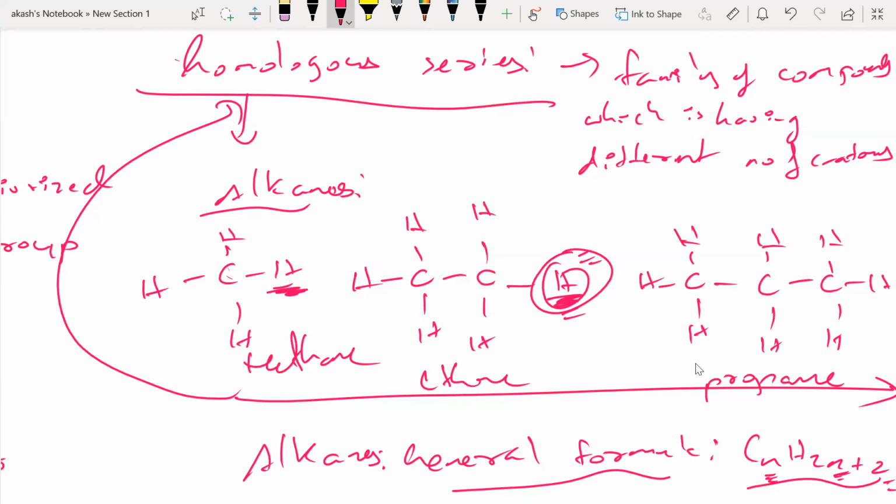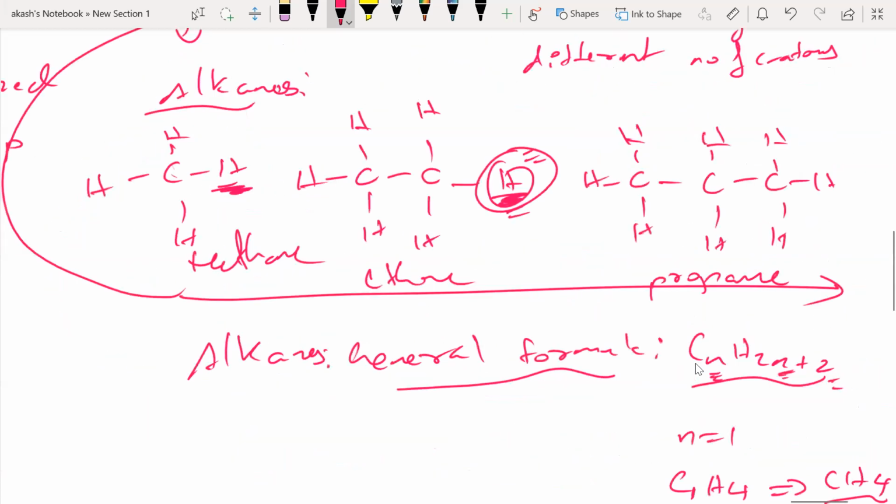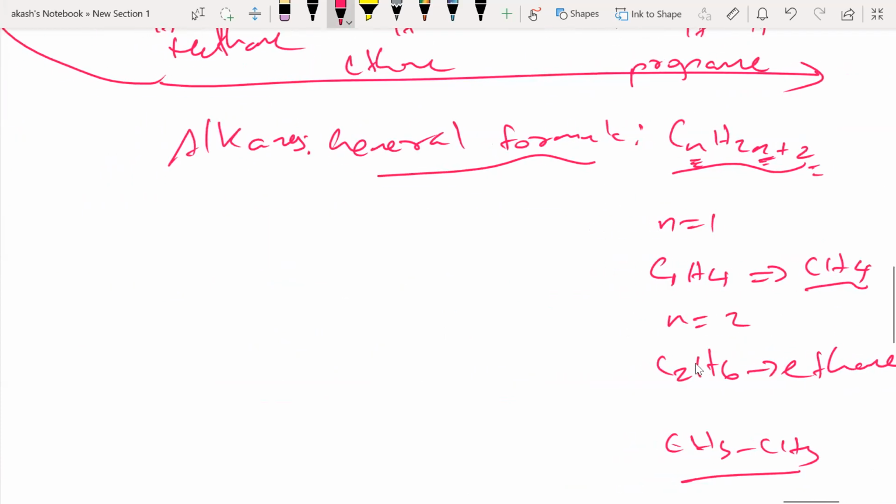You have the shortest one, you take one hydrogen and replace it with carbon, and you get the next one. Again, you take a hydrogen, replace it with carbon, the third one. Like that, you form the homologous series. So that's the alkanes general formula, CnH2n+2.